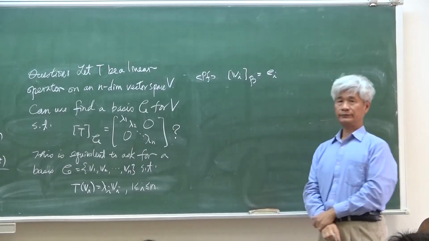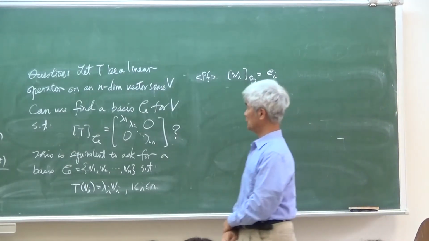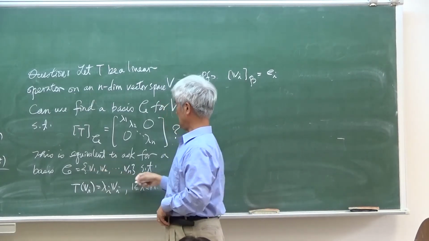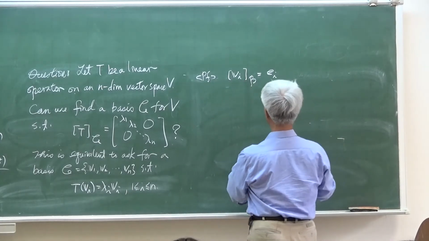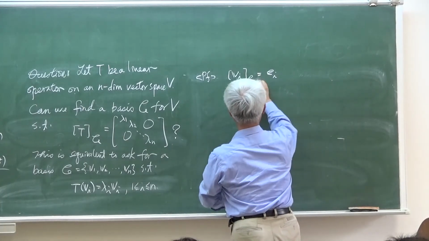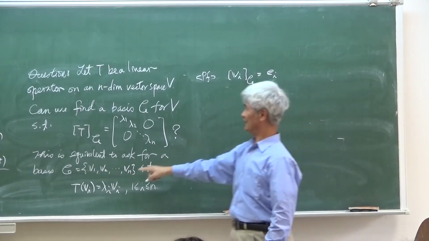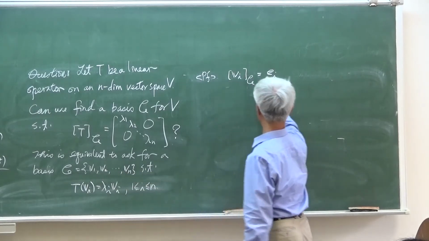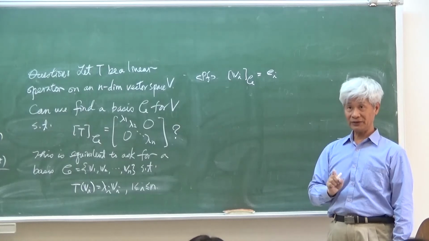Okay? Is that okay? The coordinate, the basis. Alright, for each basis vector, the C coordinate for each of the basis vectors is just the standard unit vector. Okay, is that okay for you?